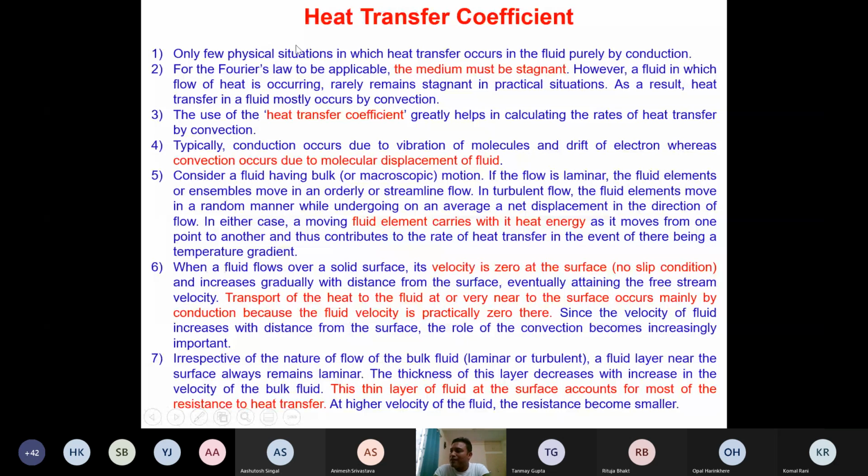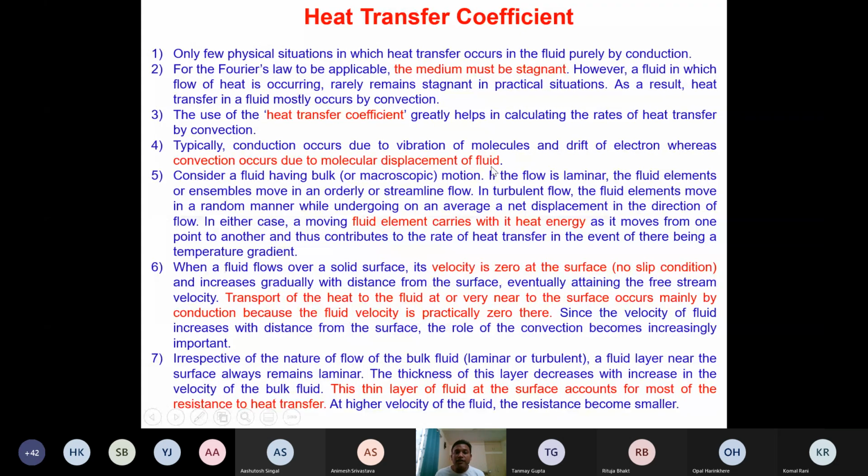If you look at conduction, the heat transfer mostly takes place by the vibration of molecules or by drift of electrons. In contrast, in convection, heat transfer takes place by macroscopic movement of the fluid particles, isn't it?